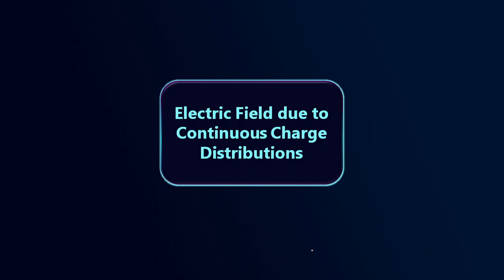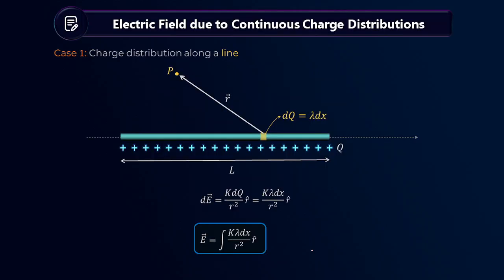Now, let us move forward. So now let us see electric field due to continuous charge distribution bodies. So first we have one uniform rod on which charge is distributed throughout the length of the body, and we want to find electric field at this point P. Now see here, the problem is we had the formula E equals K Q divided by R square, right?